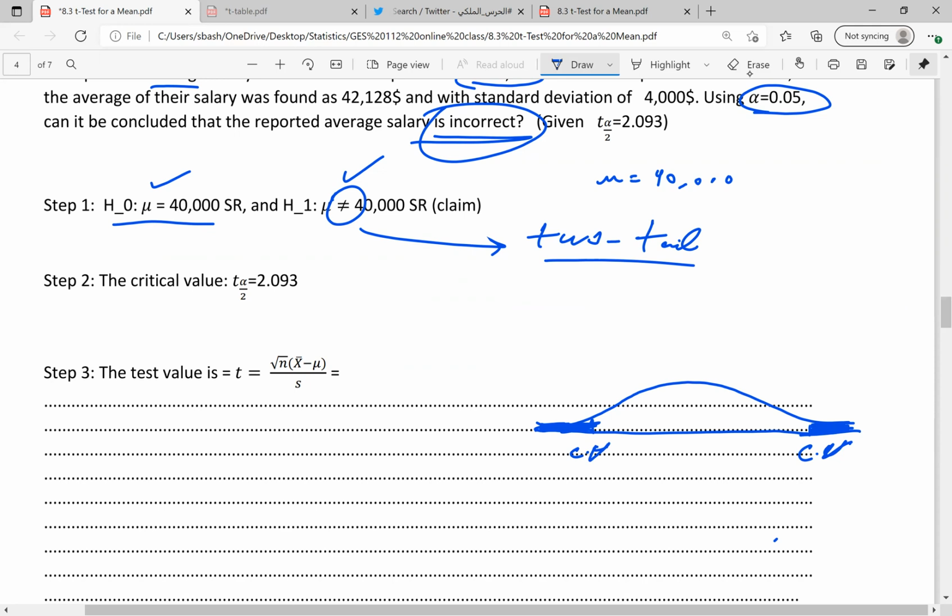Now, since this is two-tailed, it's given in the question that t alpha over 2 equal to 2.093. So the critical values will be, on the left, negative, and on the right, positive.